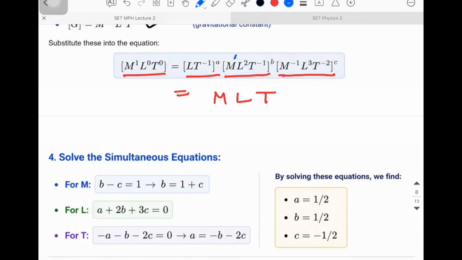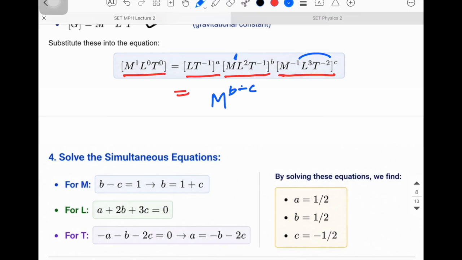First write the m powers: m power 1 into b gives b, and m power minus 1 into c gives minus c.